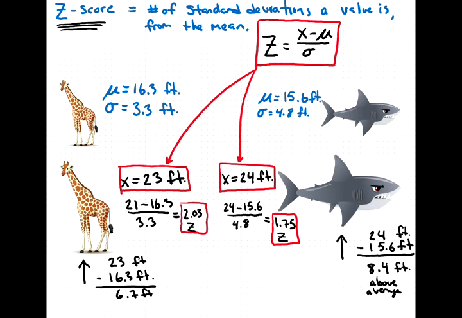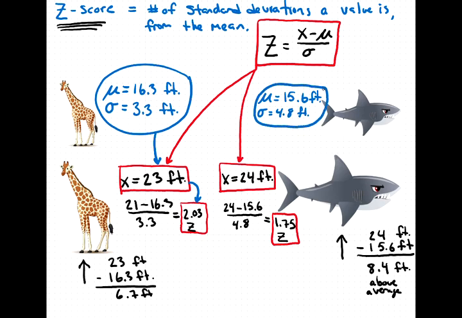So within this set, an animal with a height of 23 has a z-score of 2.03. And within this set, an animal with a length of 24 feet has a z-score of 1.75.